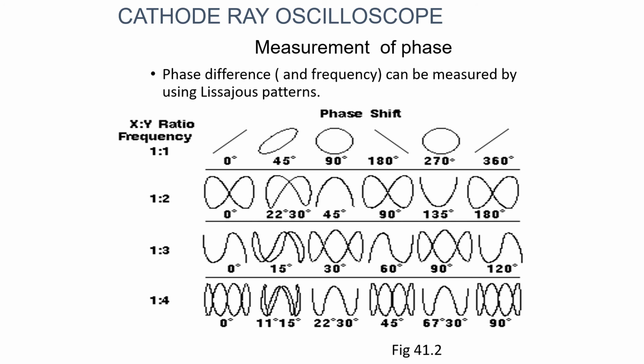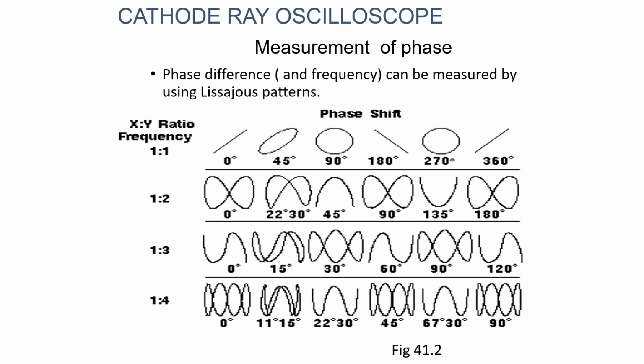If the phase difference between two waveforms is 0 degrees, then you observe a crossed line as shown in the figure. If the phase difference between two sine waves is 45 degrees, an ellipse. If the phase difference between the two waveforms is 90 degrees, we observe a circular display or the circular Lissajous pattern.